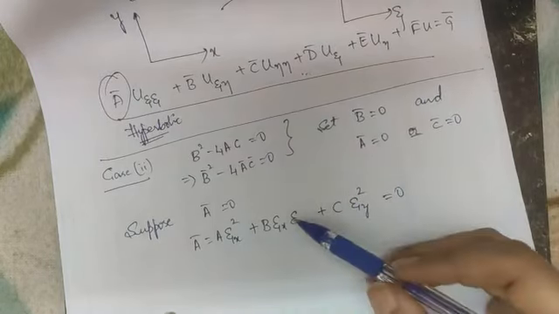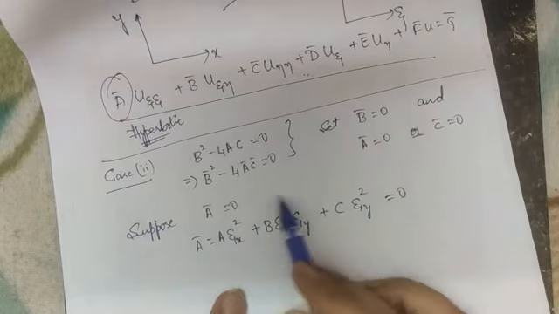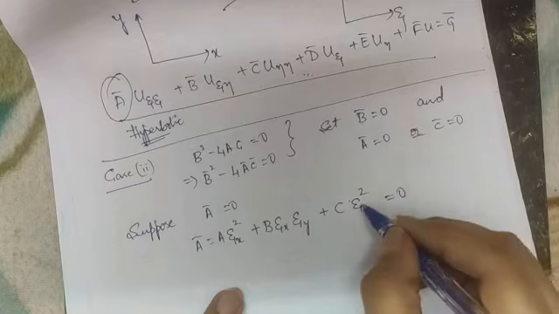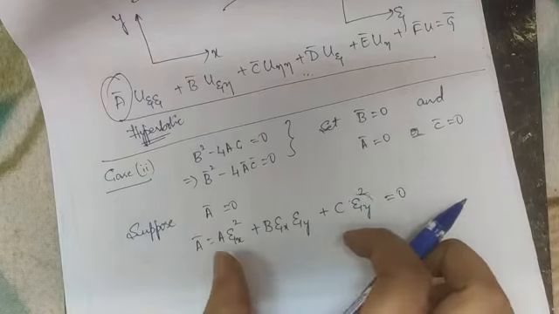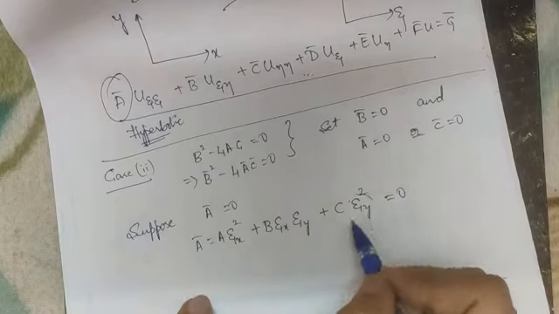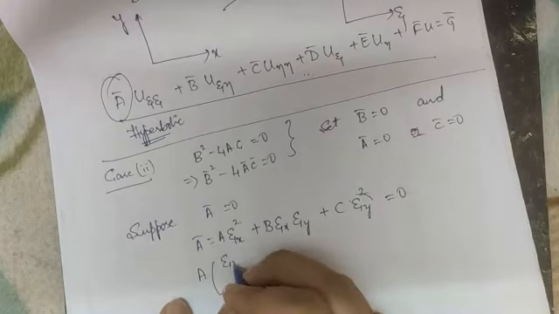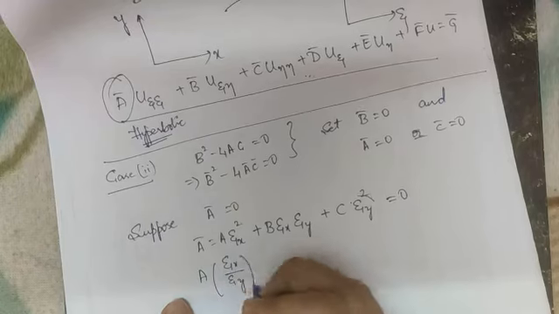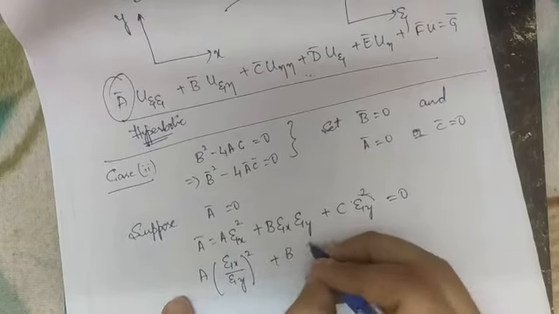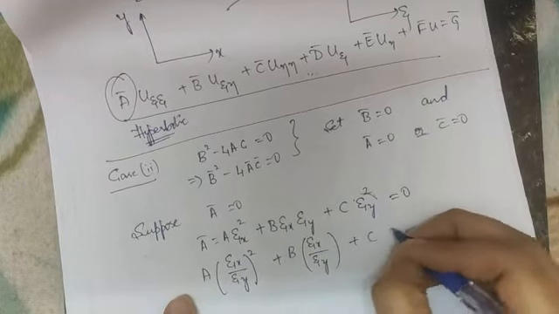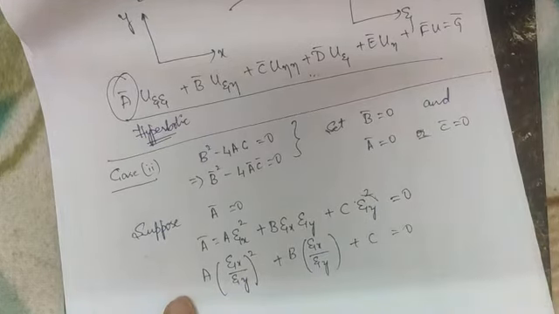Now we will convert this equation into a quadratic equation. For that, I will divide this whole equation by xi_y square. So we get a into (xi_x by xi_y) whole square plus b into (xi_x by xi_y) plus c is equal to 0.